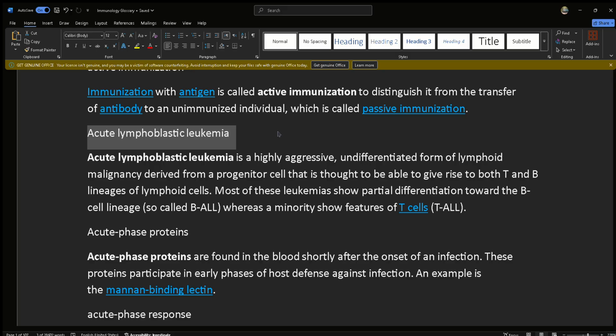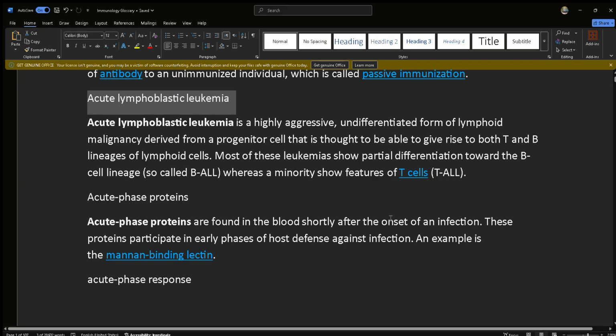Most of these leukemias show partial differentiation towards the B cell lineage, whereas a minority show features of T cells. So acute lymphoblastic leukemia is basically a cancer of blood.